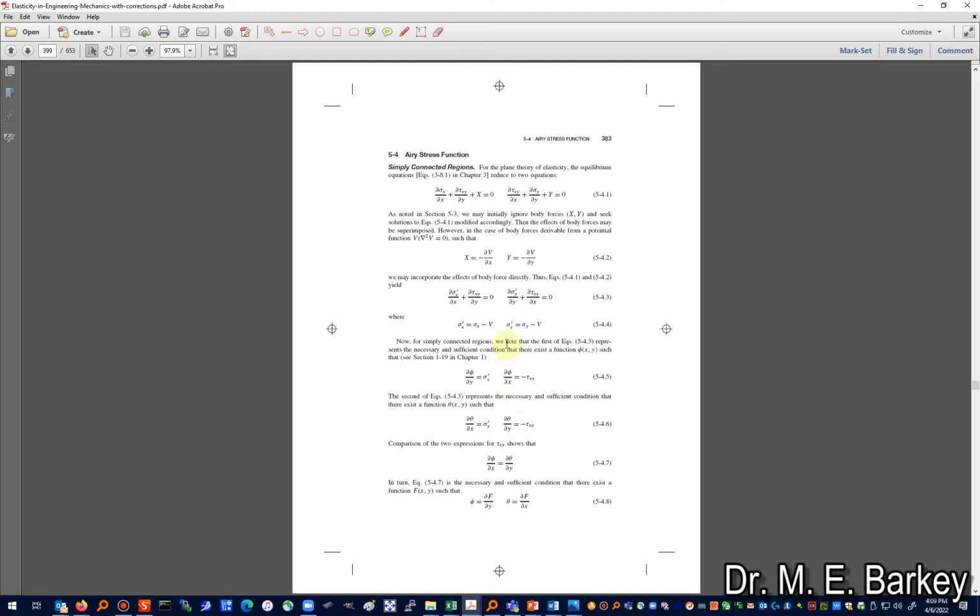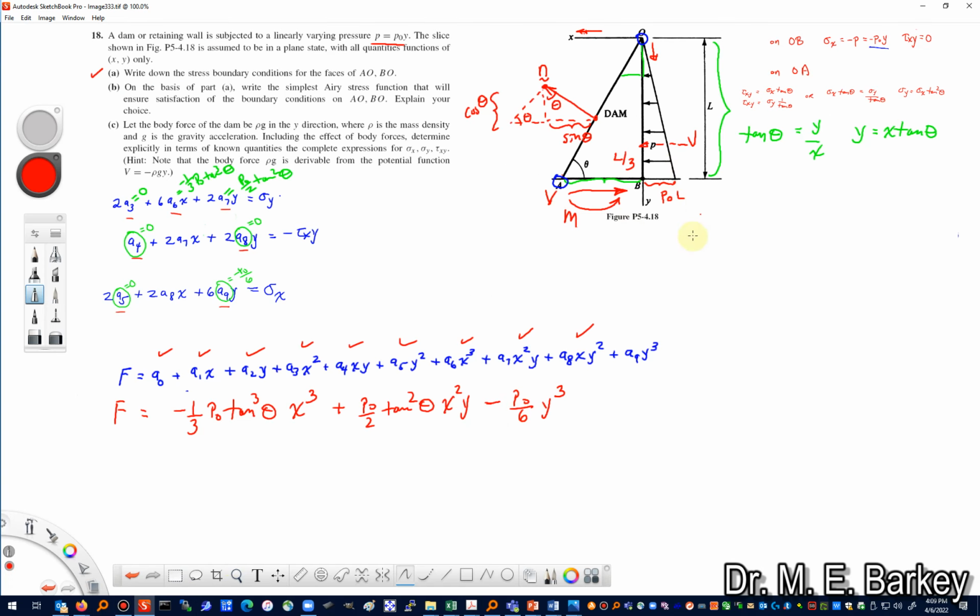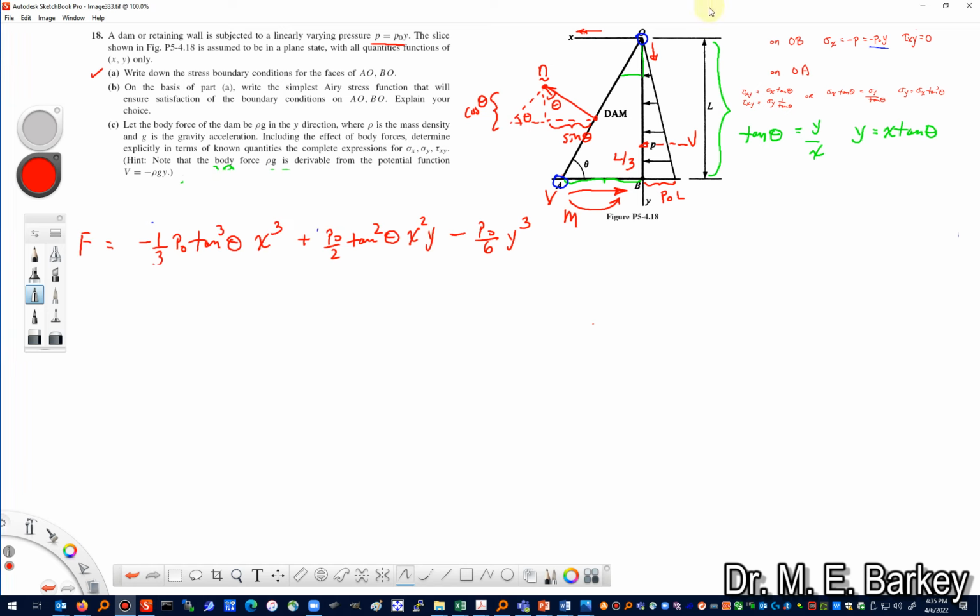Okay, so here's the information for the body forces and so forth. So I'm going to copy that over into my slide here. Let's make a little bit of room. Alright, so let's start with taking our partial derivatives of what we have here.